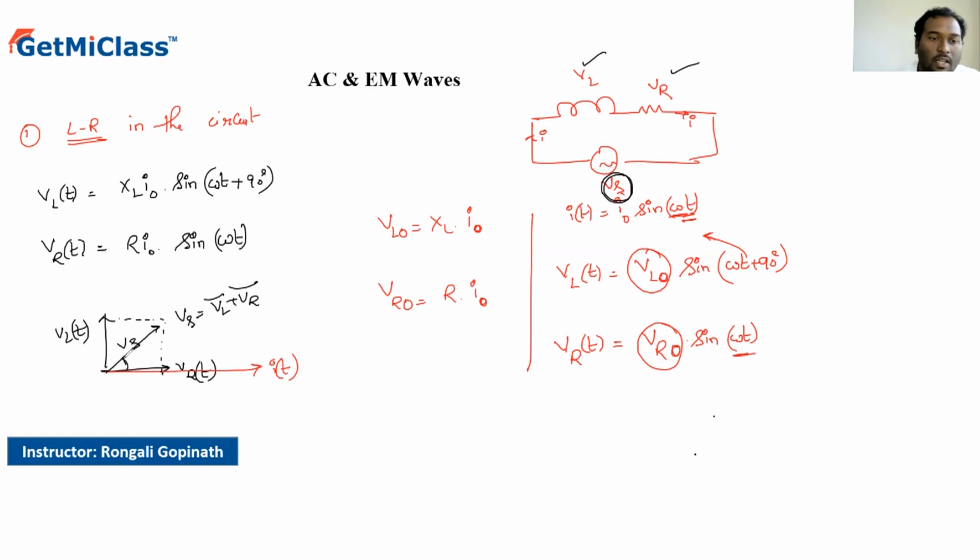And let's call this angle phi. Why? Because if this is I of t, this can also be called the source current, because only the generator is the source for this entire current, and the current is the same through all the elements. This phi is called the phase difference between the voltage and current.